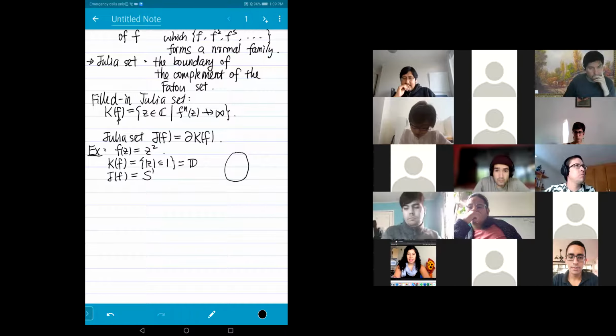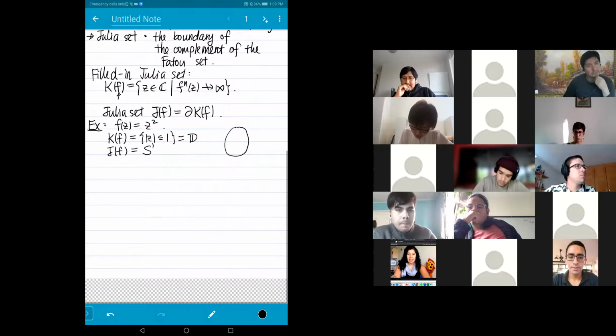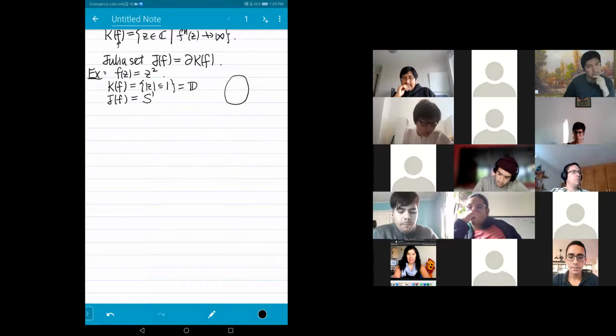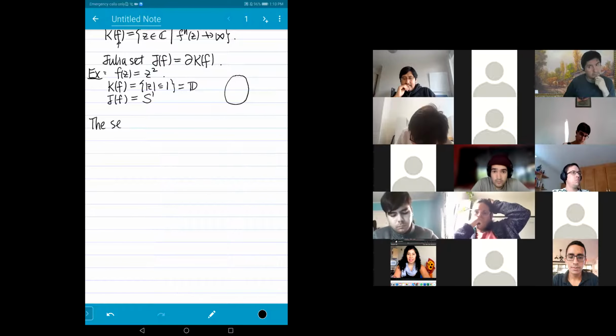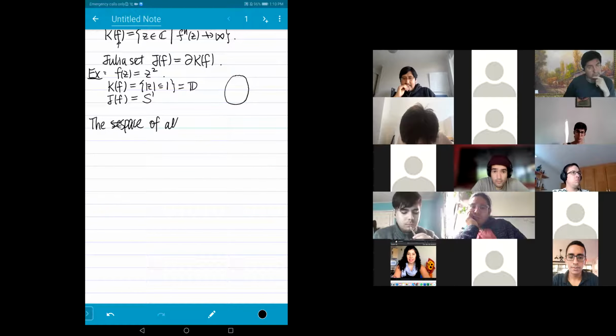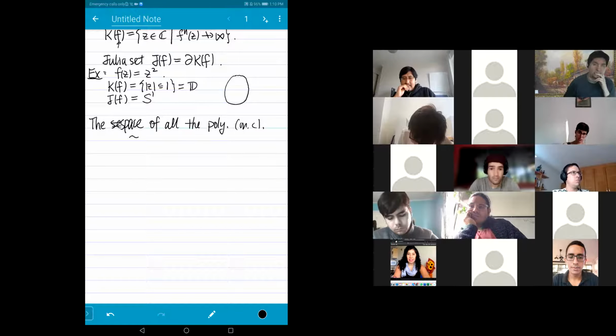But now let me just continue a little bit to give you a few more definitions. So these are basically subsets of the complex plane associated to one particular polynomial. And in general, we want to consider the space of all the polynomials. So this is monic centered. And this space is isomorphic to C to the power of d minus 1, right?